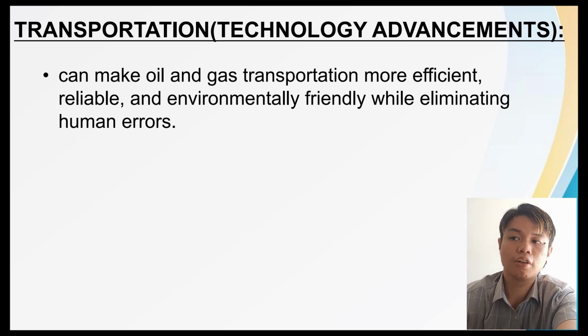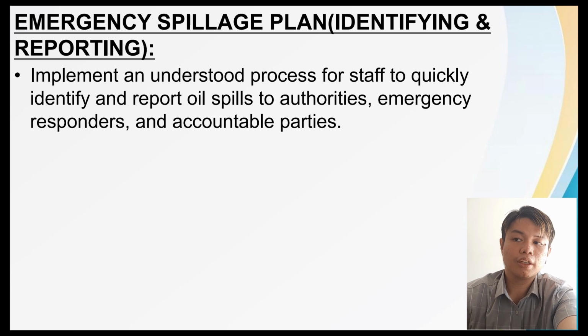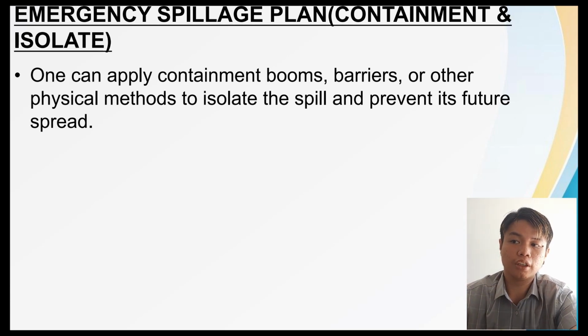Okay, next I will explain the spill response plan. First, identifying and reporting. Implement an understood process for staff to quickly identify and report oil spills to authorities, emergency responders, and affected parties. Next, containment and isolation.